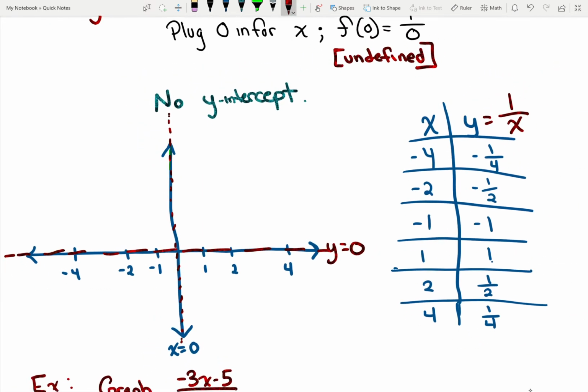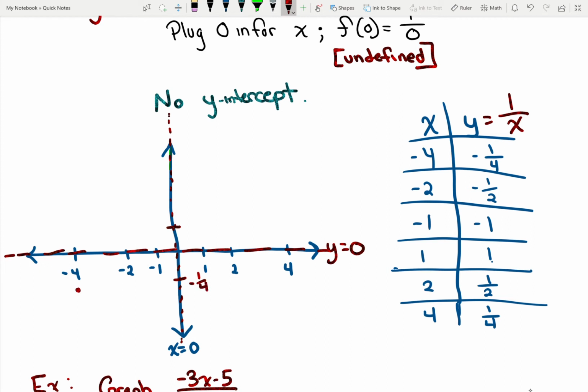So when x is minus 4, I get minus 1/4. So it looks like this. Minus 1 over 4.